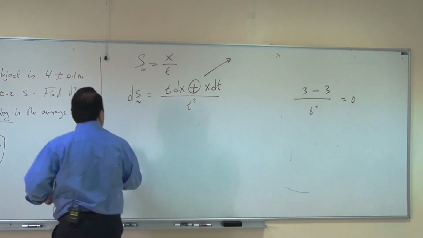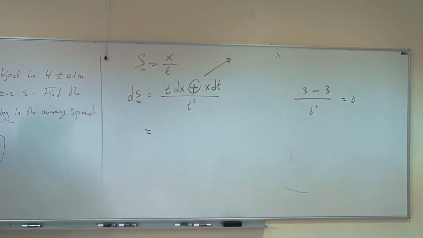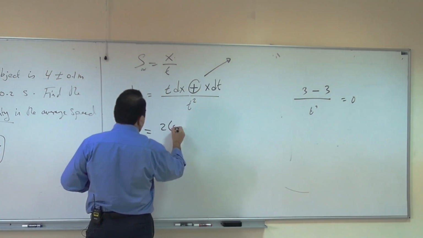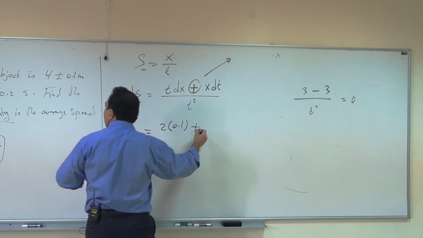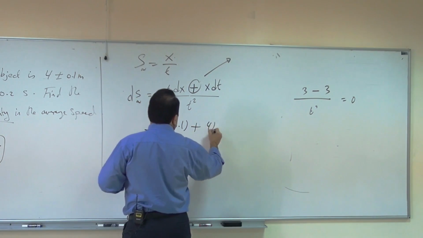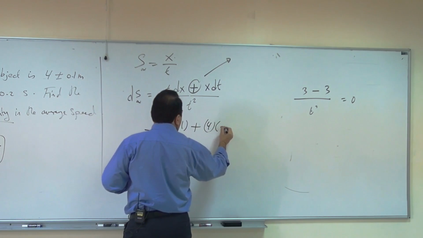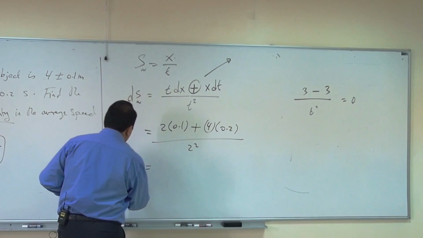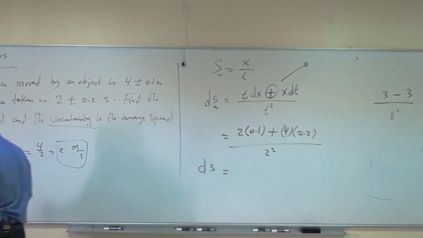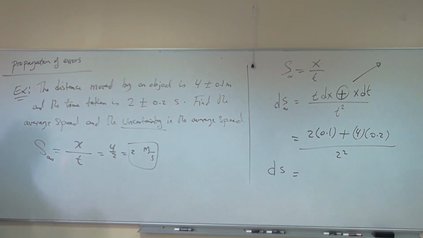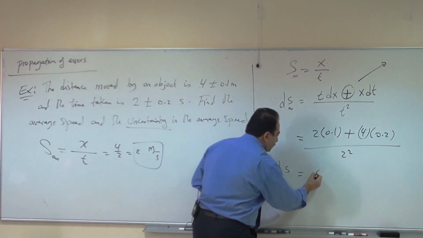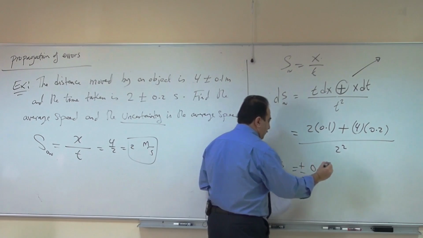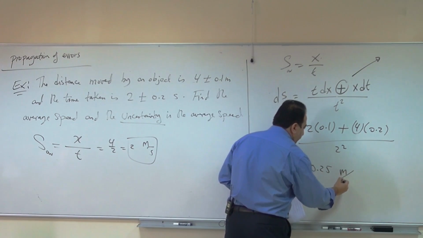Now apply it. What is T? 2. dx plus x dt, over 2 squared, and you get the answer for the uncertainty, 0.25 plus or minus, unit meter per second.